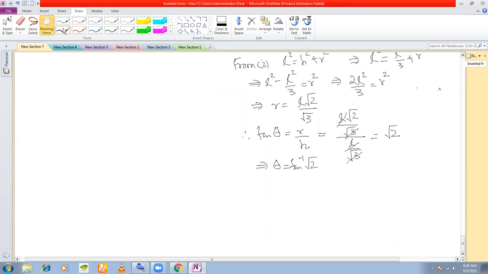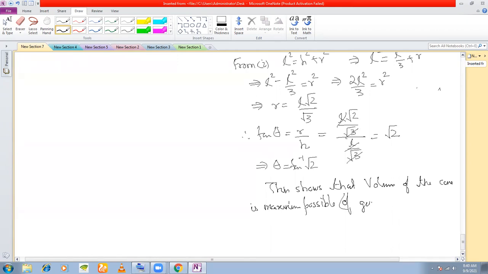So this shows that the volume of the cone is maximum possible for a given slant height when the semi-vertical angle theta is equal to tan inverse root 2. That's it.